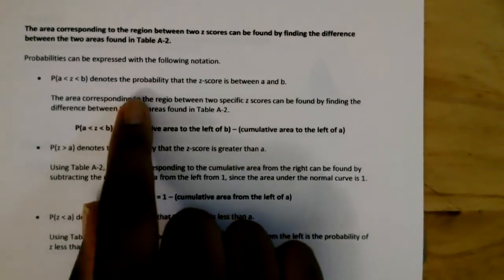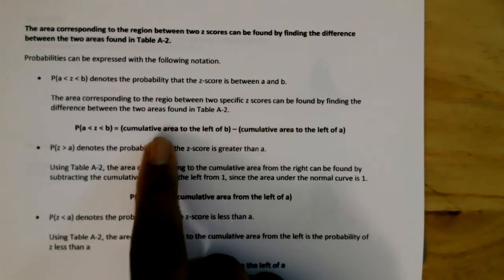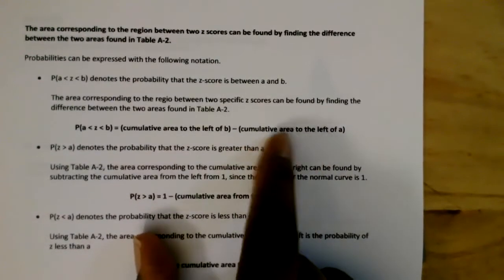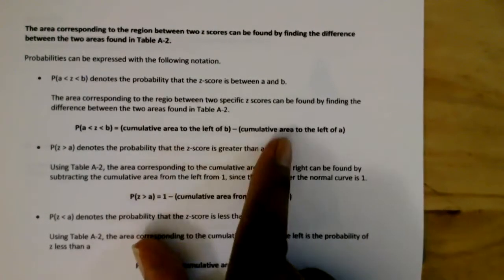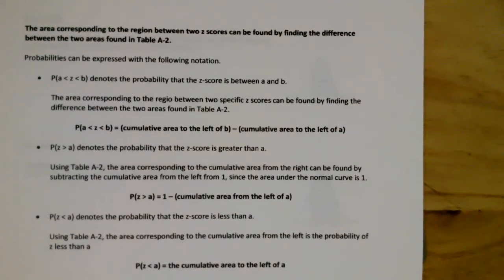So in this case, that denotes the probability that the z-score is between A and B. And the way you do that, you find the area corresponding to the region between the two specific z-scores and find the difference between the two areas found in Table A-2. So here we find the cumulative area to the left of B and the cumulative area to the left of A and subtract the two. Make sure you subtract the larger probability minus the smaller probability, because keep in mind, probabilities cannot be negative.